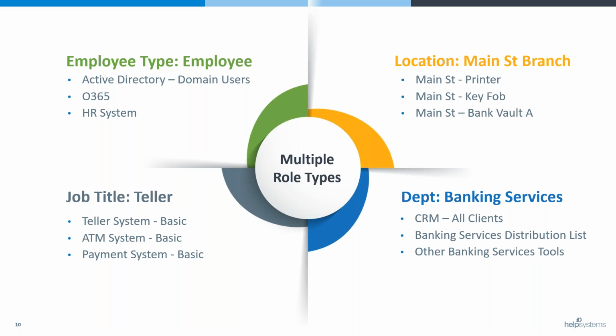And then we also have the department. So they are part of the banking services, which is just a made up department. Everyone that is in banking services gets access to, say, a CRM system, a distribution list for the banking services department, and possibly other common tools that everyone in that department would get.